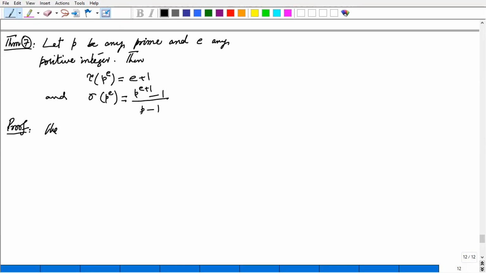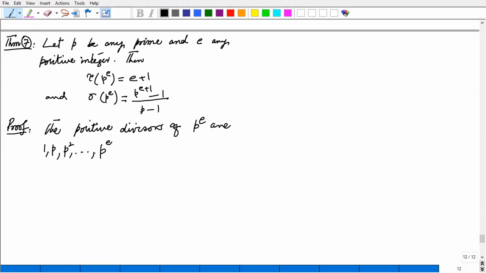So the positive divisors of p to the power e are 1, because 1 is a divisor of any number, and then p, because p divides p to the power e, then p square, because p square will also divide p to the power e if e is greater than 2, and till p to the power e. So these are the divisors of p to the power e.